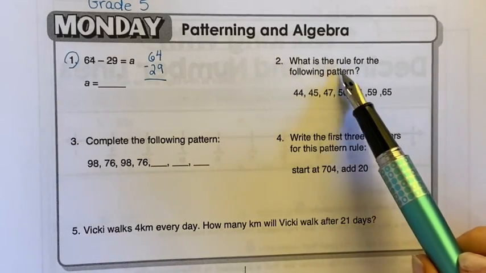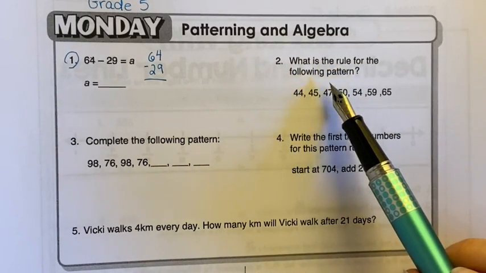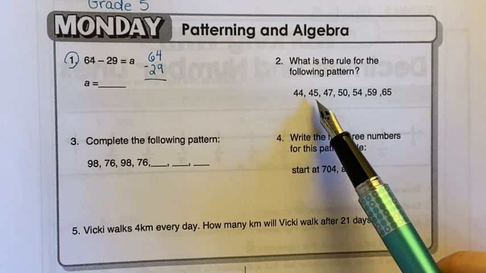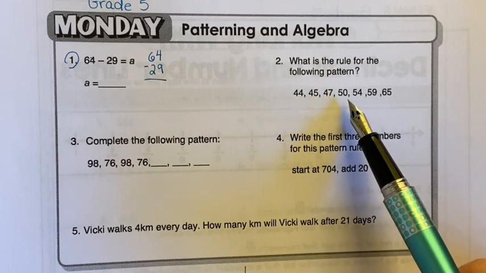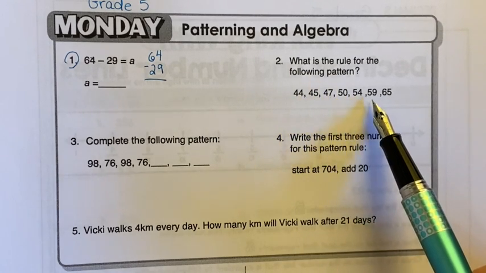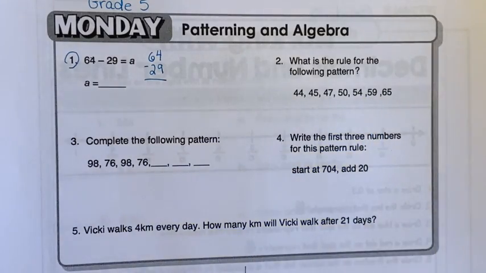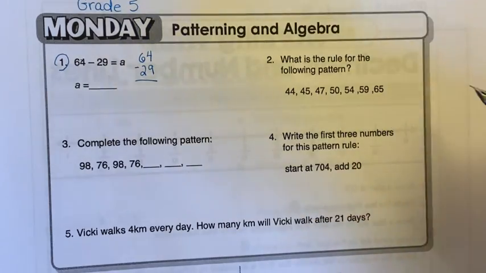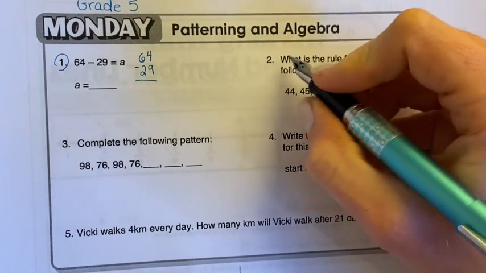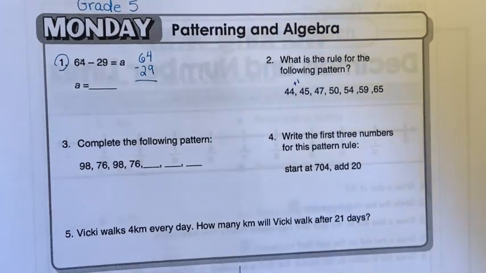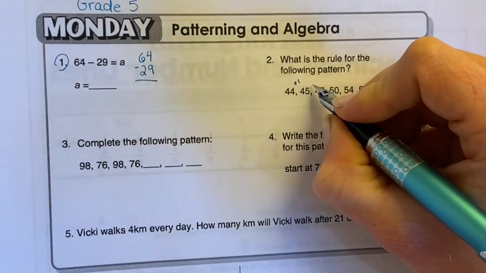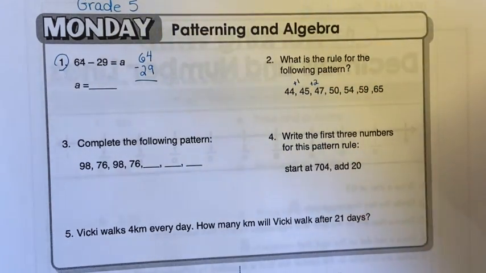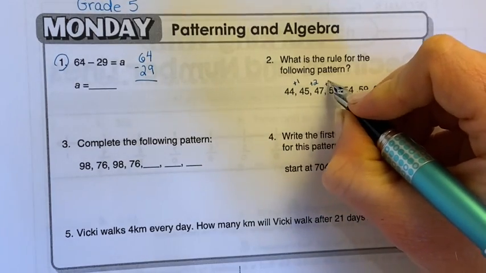All right, what is the rule for the following pattern? 44, 45, 47, 50, 54, 59, 65. If you look carefully, you just have to use the numbers to help you. From 44 to 45, it's plus 1. From 45 to 47, it's plus 2. From 47 to 50, it's plus 3.